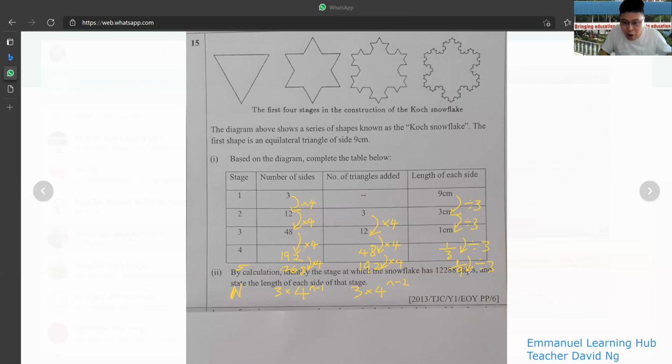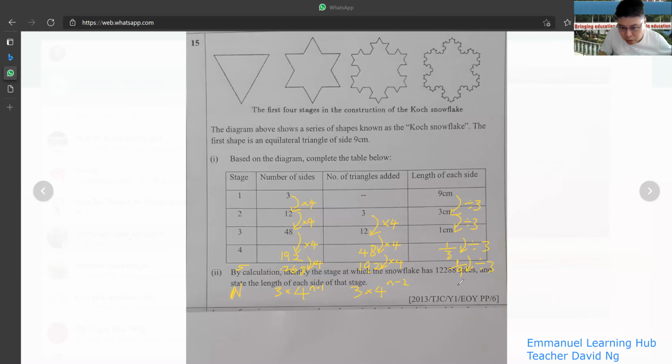Okay, so now we're going to find the formula for length. If you notice, 9 becomes 3, becomes 1. The number gets smaller. Each time they divide by 3. But from here on, when it divides by 3, it starts to have fractions.